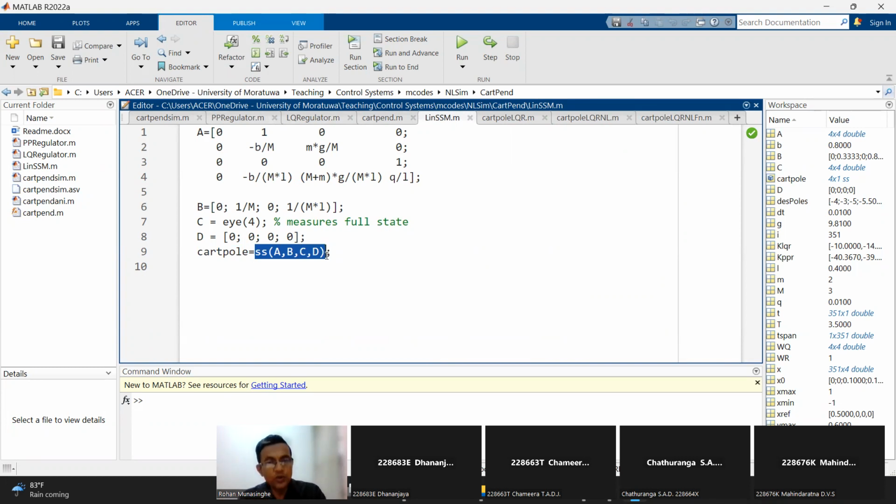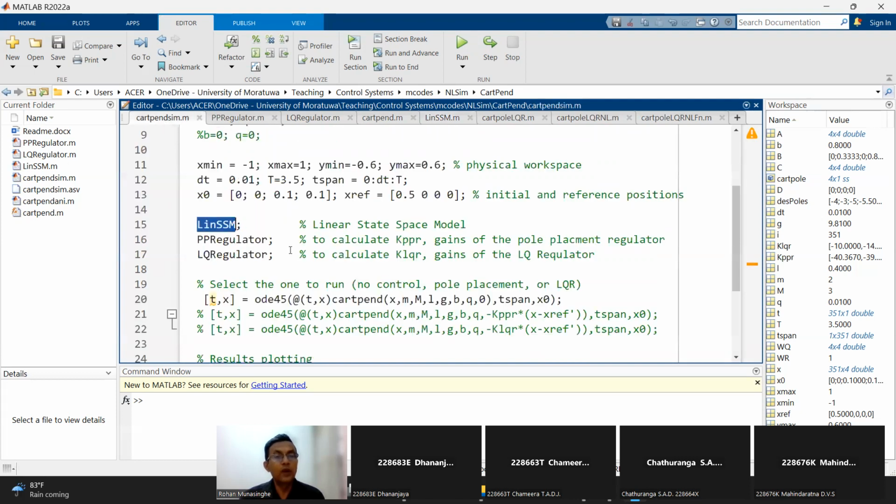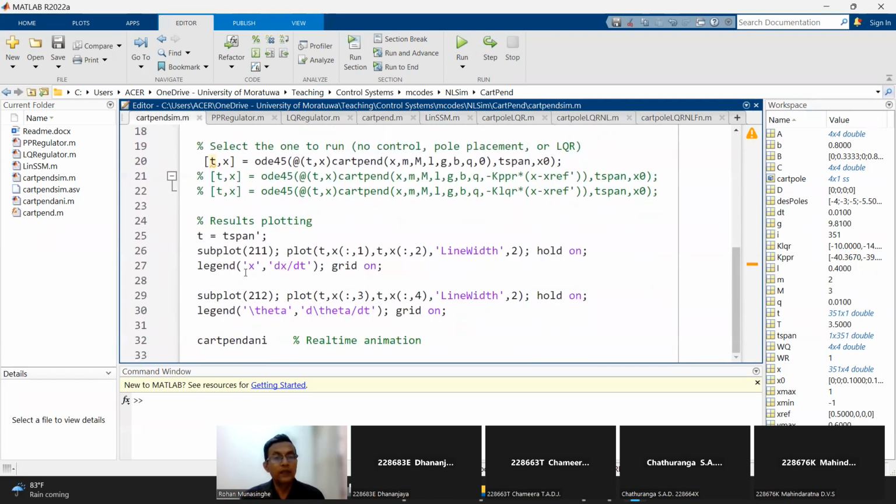Now this state space model by the name cartpole can be used by the animation. So which is what? If you go back to this one, at the end you see the cart pendulum animation. This is the real-time animation, and it uses the state space model.